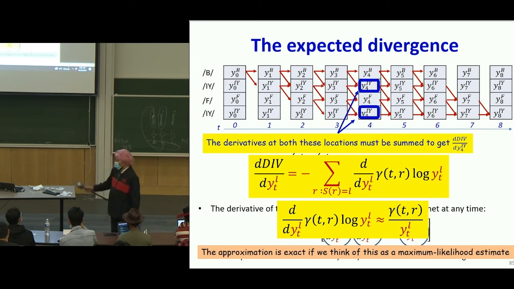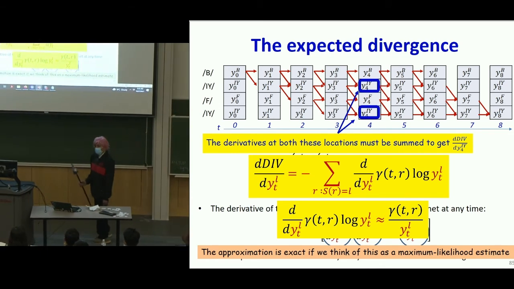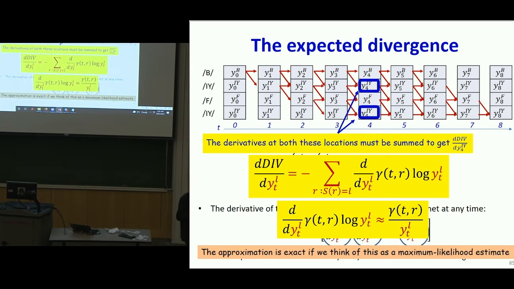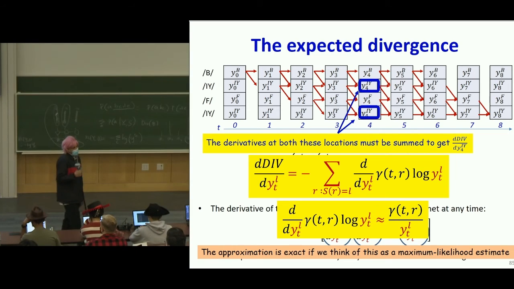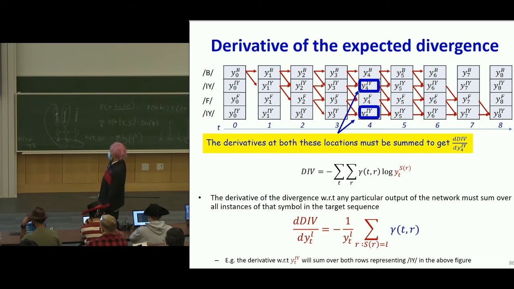And once we do that, this whole thing becomes really, really simple. Observe what has happened. All that happened is the ratio of gamma and the probability assigned to the symbol by the network. And once you simplify things, this entire derivative term becomes very simple. You have a forward-backward algorithm to compute the gammas.